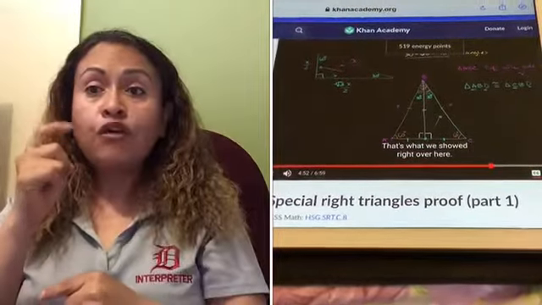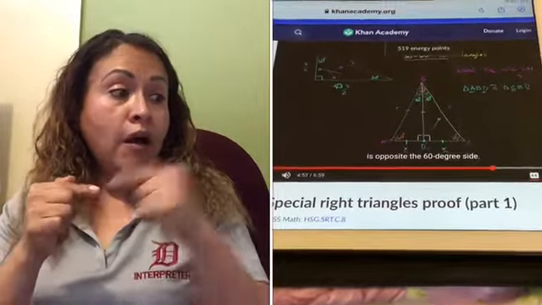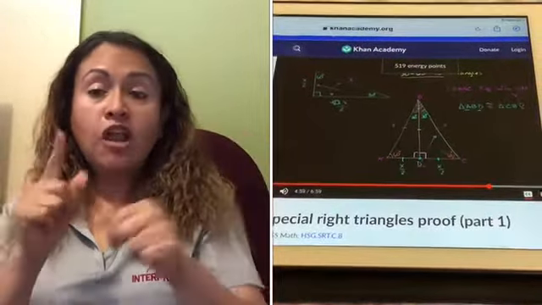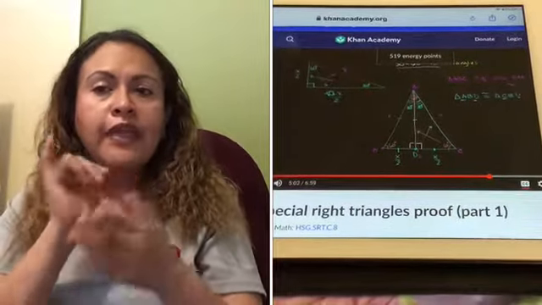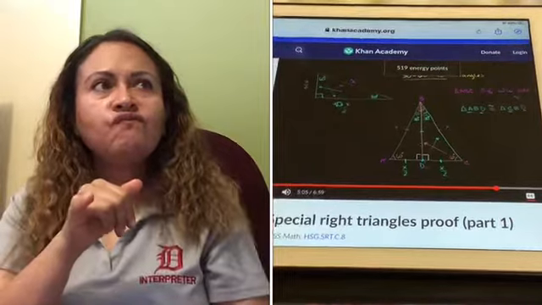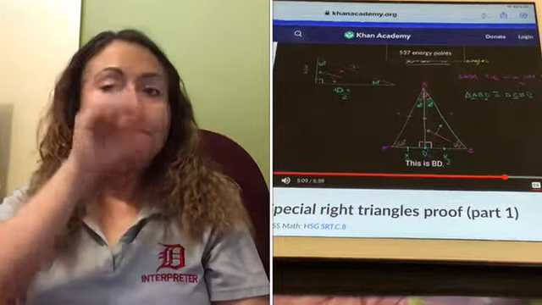Now we just have to come up with the third side, the side that is opposite the 60-degree angle, right over there. Let's call that length, well, I'll just use the letters that we already have here. This is BD. And we can just use the Pythagorean theorem right here.